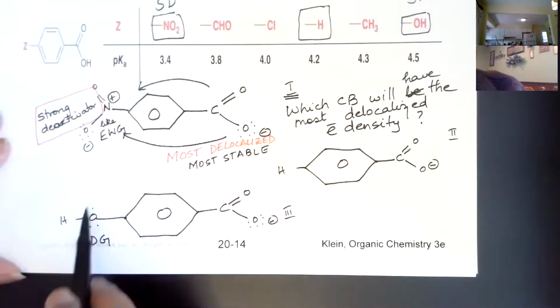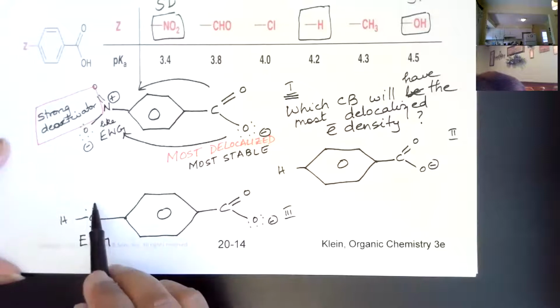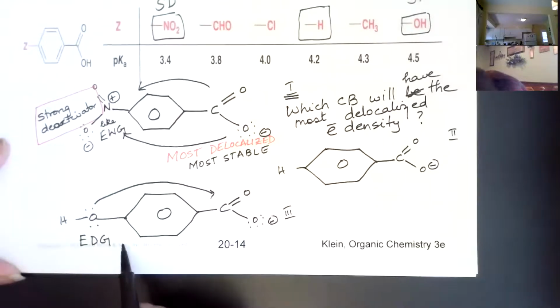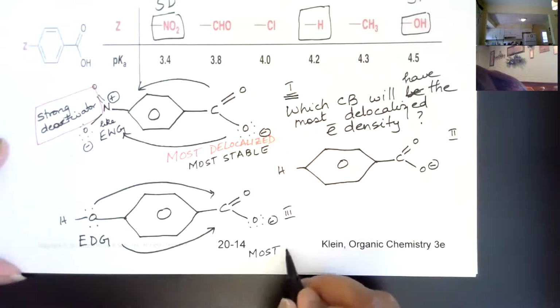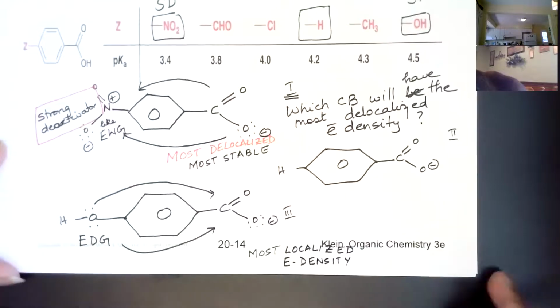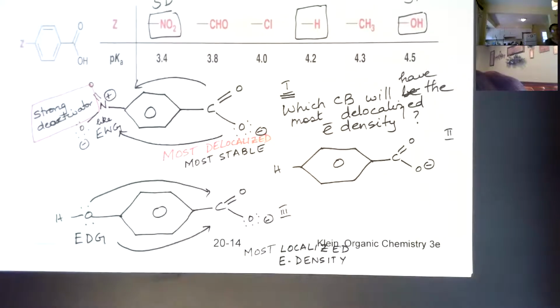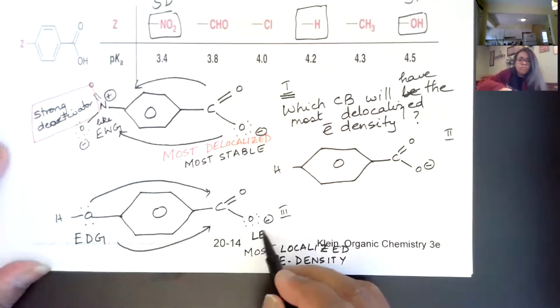Here are the electrons, right? You can use this to draw resonance structures inside the ring. So he's actually pumping electrons the other way. So this has the most localized electron density. And hydrogen is in between, okay? So this is the least stable.